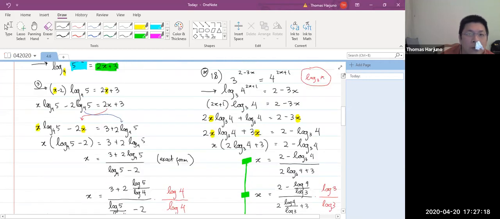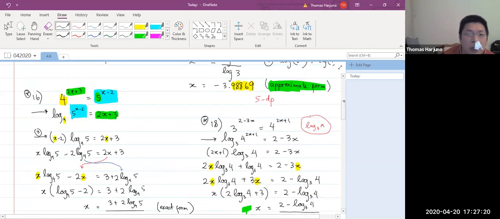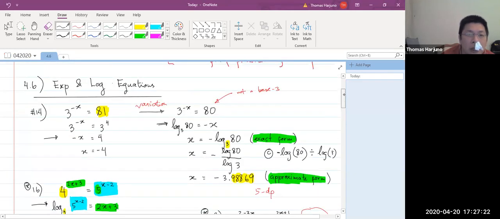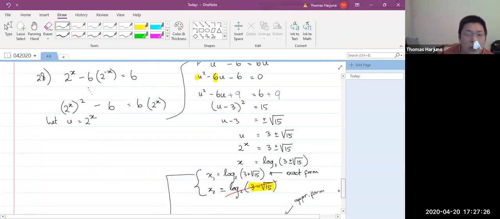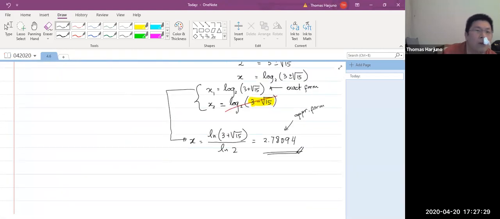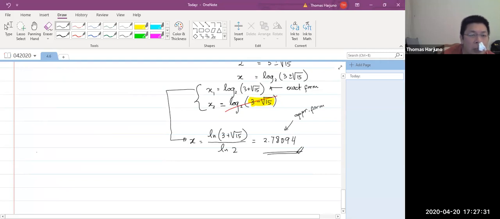That's what we have so far from the very beginning, exponential equation all the way up to here. Now, the following are the type of question that requires you to be a bit creative in solving problems.